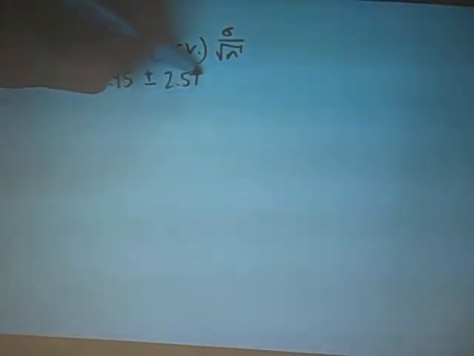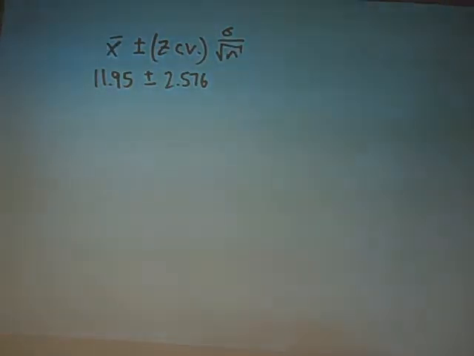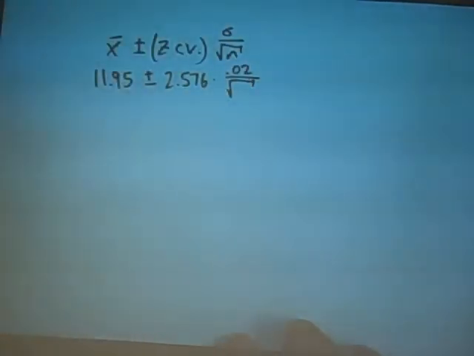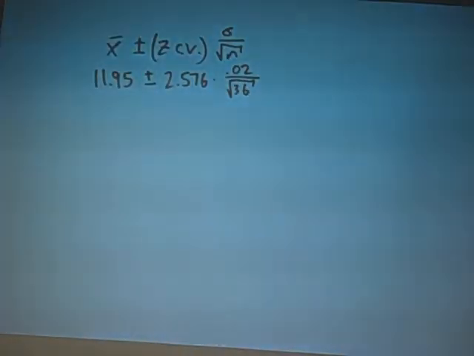You could verify that with your Z table by finding which values capture the middle 99% on a Z curve; it's between 2.57 and 2.58, but it turns out to be 2.576. Then we multiply by sigma over the square root of n. Sigma is 0.02 and n was 36. This should give us our 99% confidence interval.